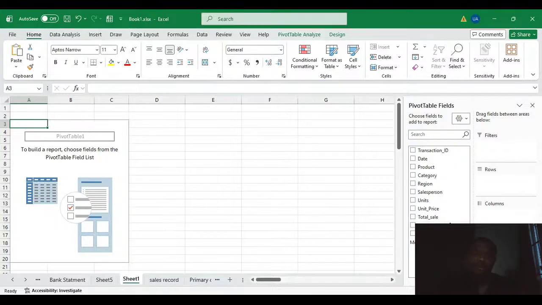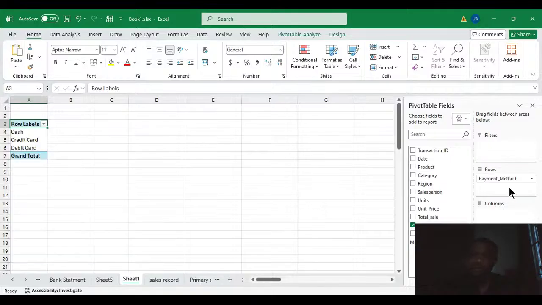Is it credit card people like using, or debit card, or people like paying in cash. So in this case, I'm going to bring this down here to the row. I'm going to bring this to my total sales here. Now, from these results, we can see that credit card is what people use the most for purchases.